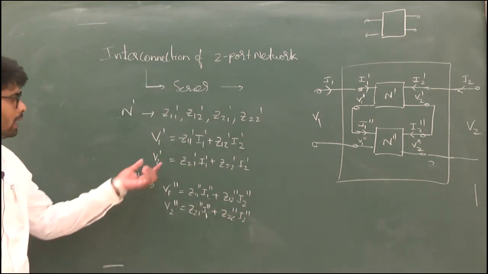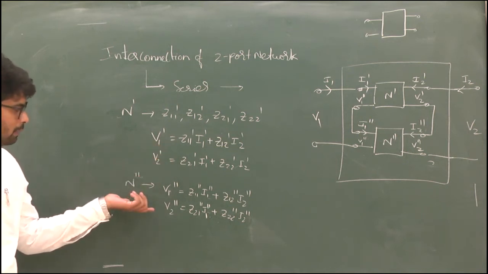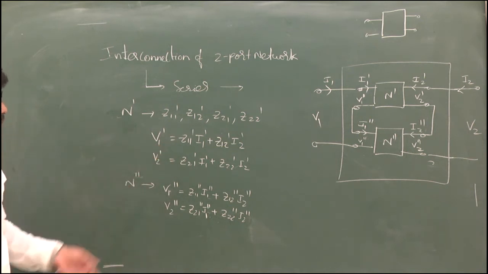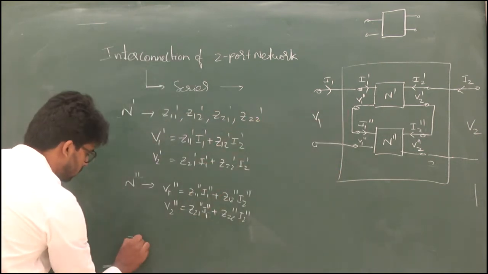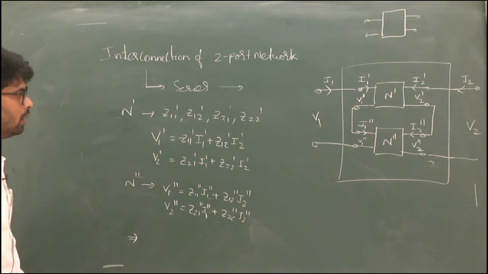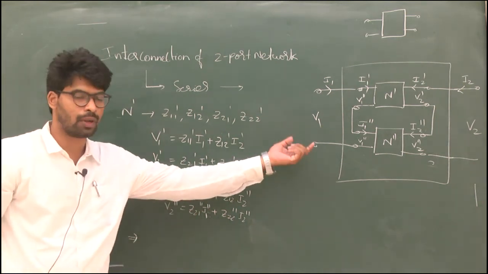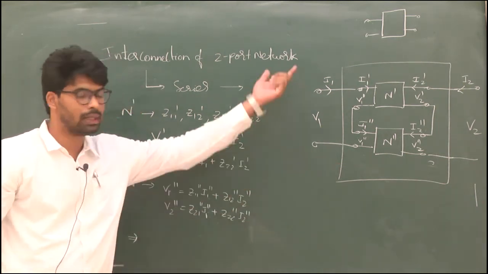Okay, these are the Z parameters of network 1 and these are the Z parameters of network 2. So from this circuit we have a few things. Based upon the equations from that circuit, we derive the overall Z parameters.